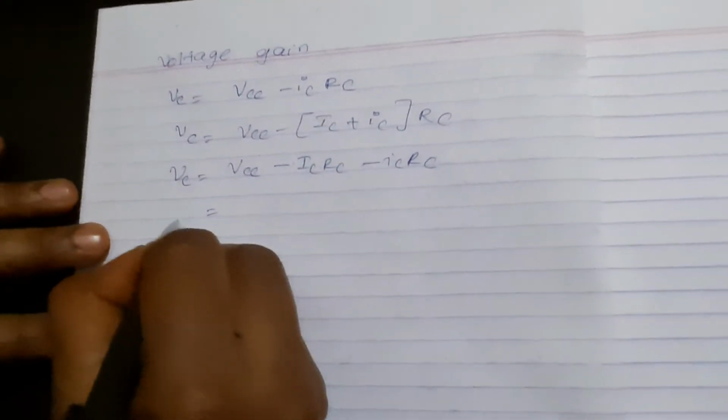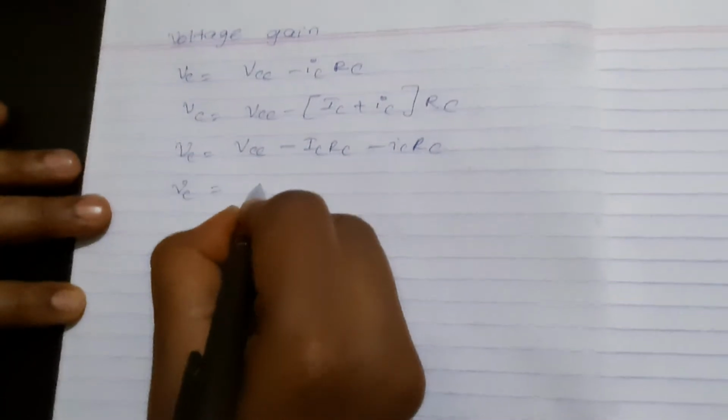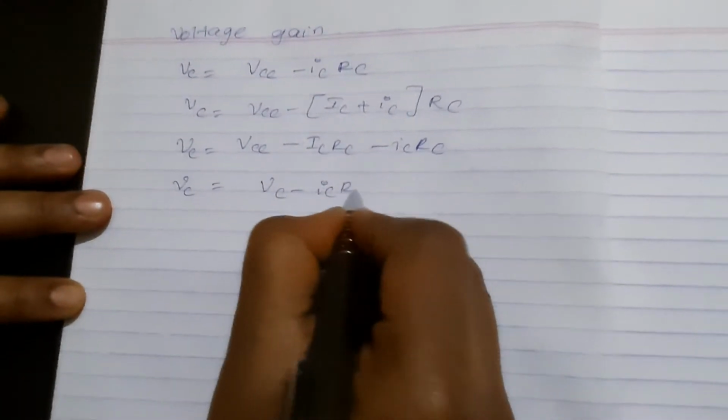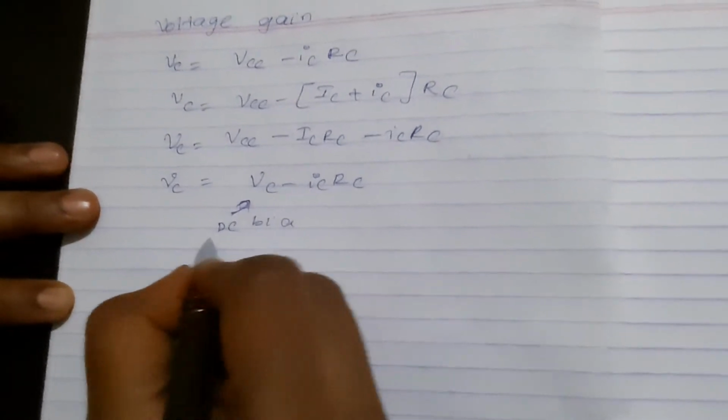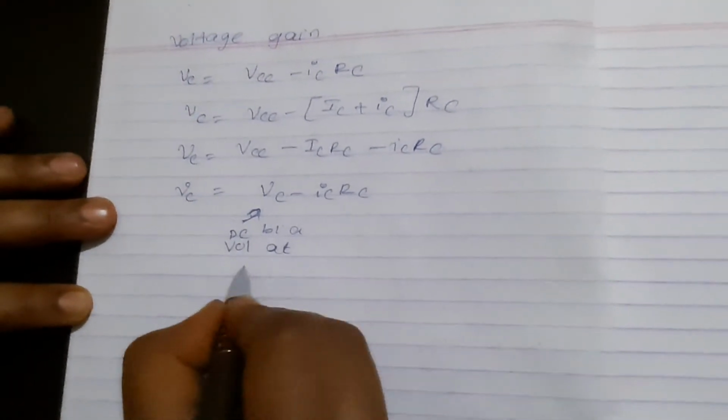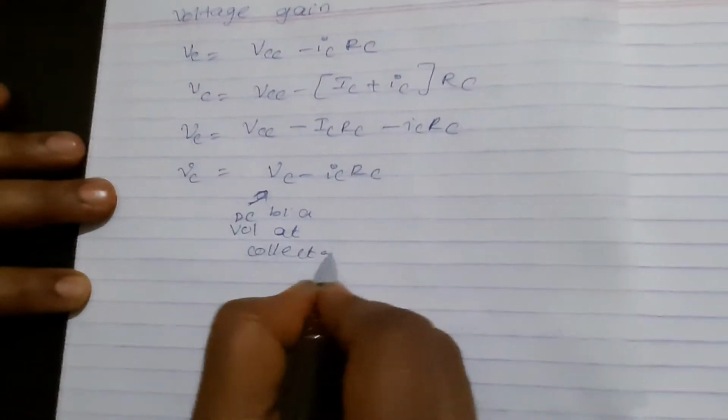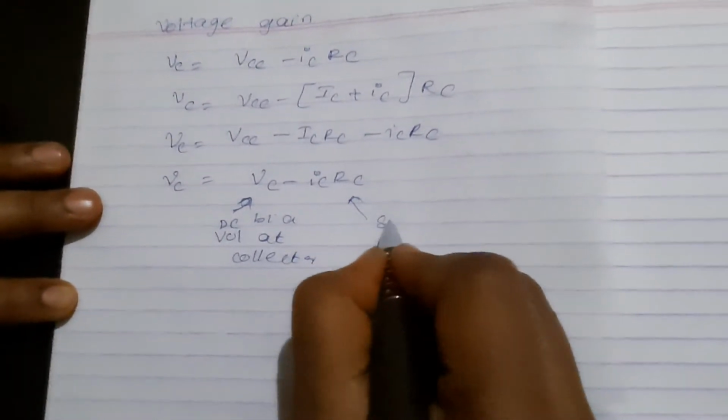This can be written as VC equals VC minus ic into RC. This is the DC bias voltage at the collector, and this is the signal voltage.